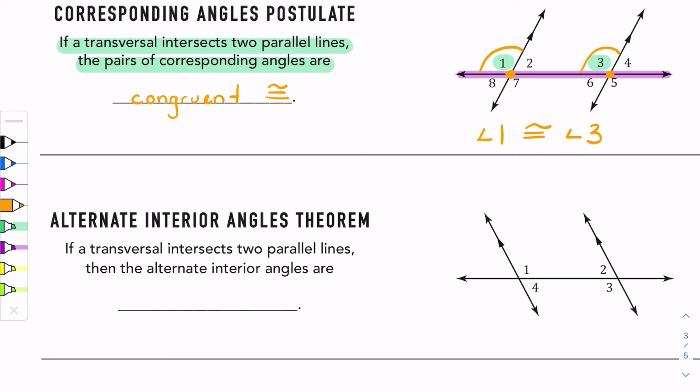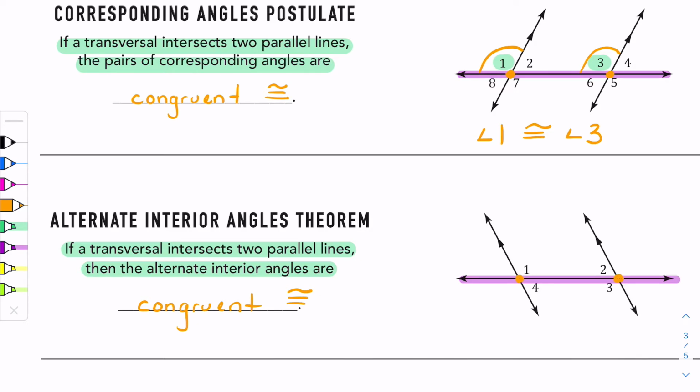Next, we have the alternate interior angles theorem. The alternate interior angles theorem states that if a transversal intersects two parallel lines, then the alternate interior angles are also congruent. Here's our transversal, intersecting two separate lines.